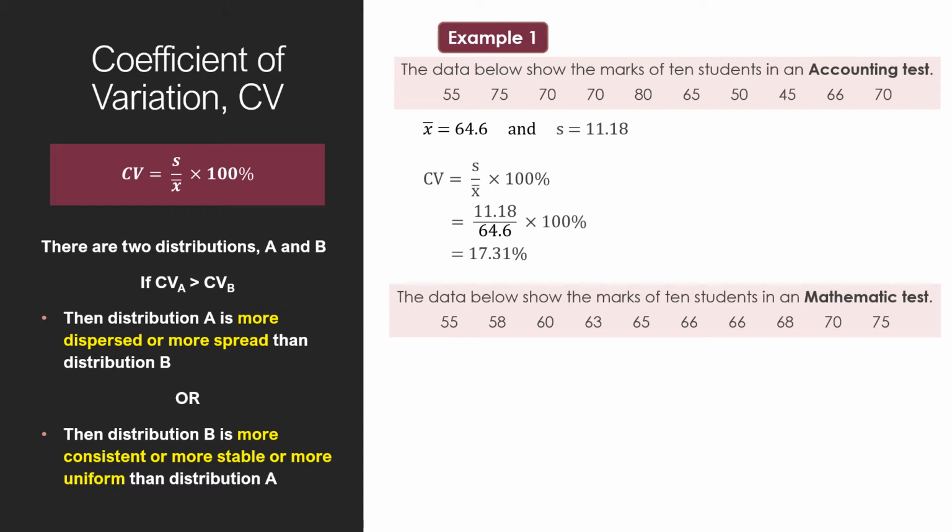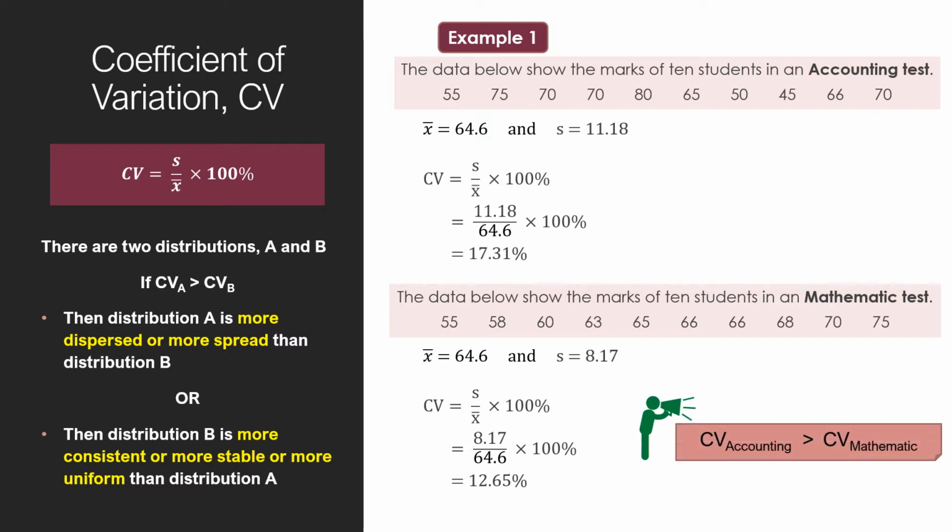So the CV for the accounting test is equal to 17.31%. For the mathematics test, the mean is 64.6 and the standard deviation is 8.17. So the CV for the mathematics test is 12.65%.